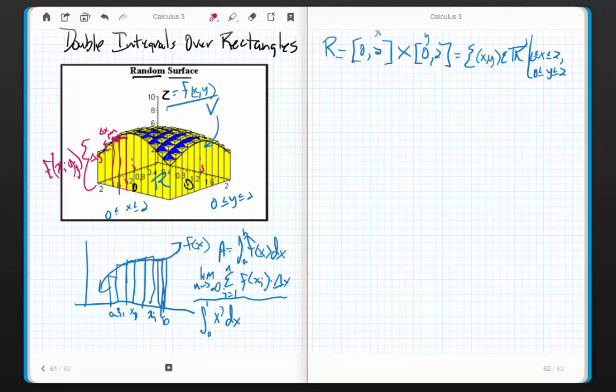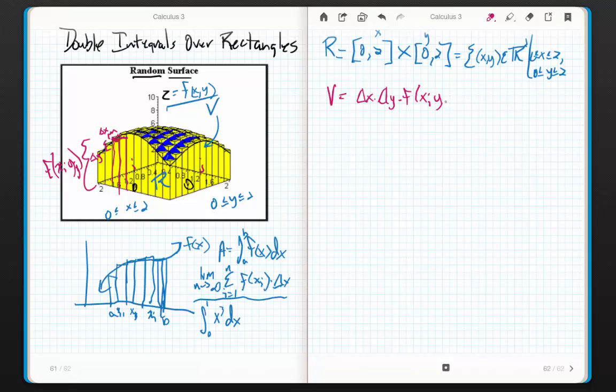Can you see that? So what we've done is we are creating a volume of that one little guy. What is it? Well, it's delta x times delta y times f of x sub i, y sub j, right?